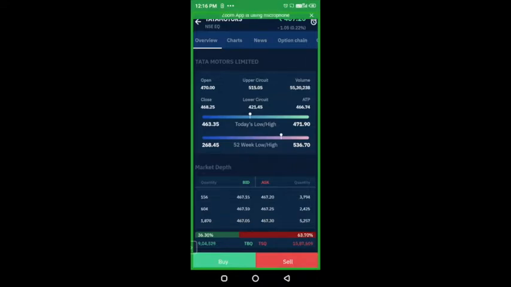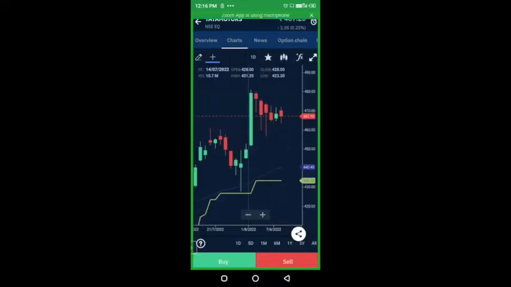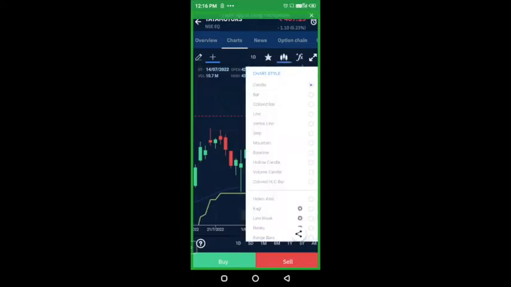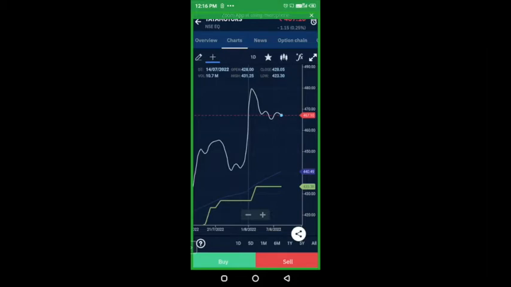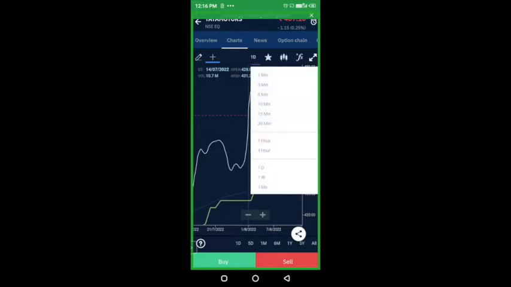Okay, so in the charts you can't check now, because for this you have to study technical analysis separately. Maybe I can do one thing. If you change this to line chart, maybe day chart.